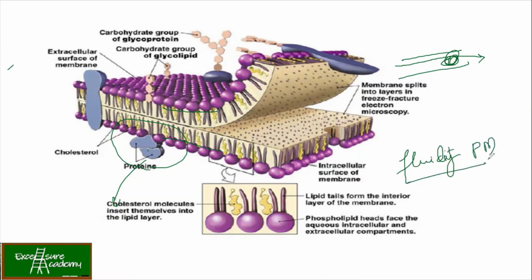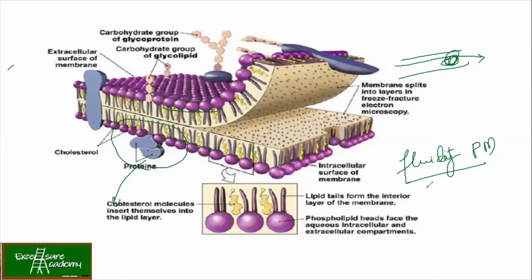Fluidity of the plasma membrane. So what does it mean? It means your cell shouldn't be so rigid, otherwise movement cannot happen, and it shouldn't be like water, unable to contain its components. So it has to be in between, a gel-like composition.